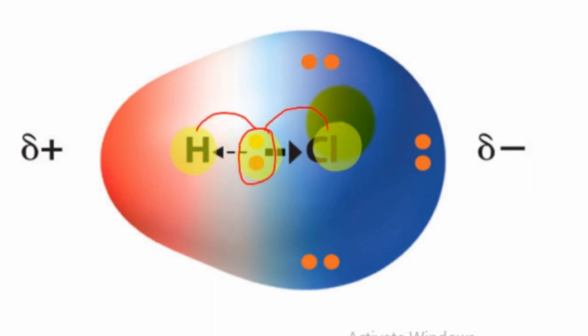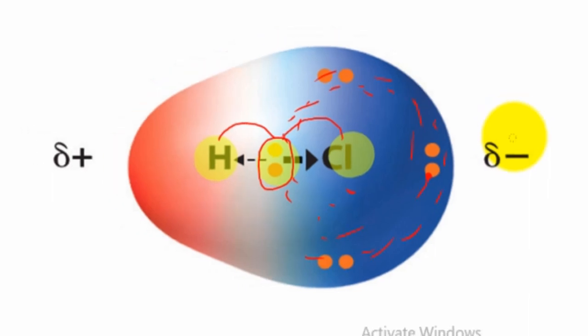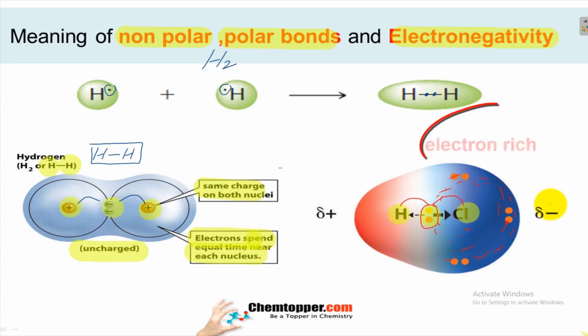Chlorine atom has more attractive force for the shared pair of electrons as compared to hydrogen atom. Hence, electron density will be more near the nucleus of chlorine atom. Due to this, chlorine atom becomes rich in electron density and hence acquires a partial negative charge.